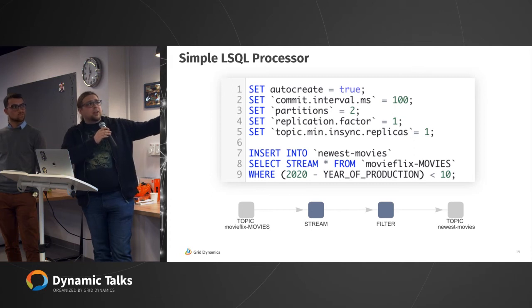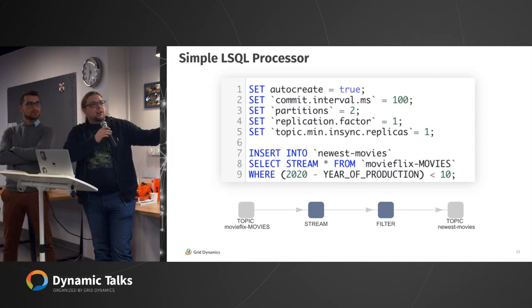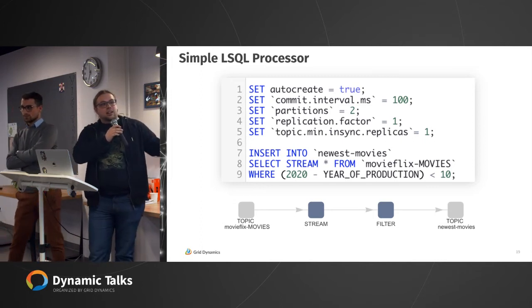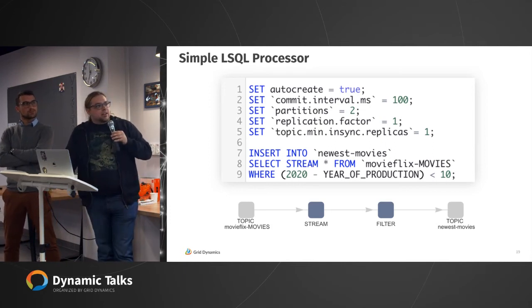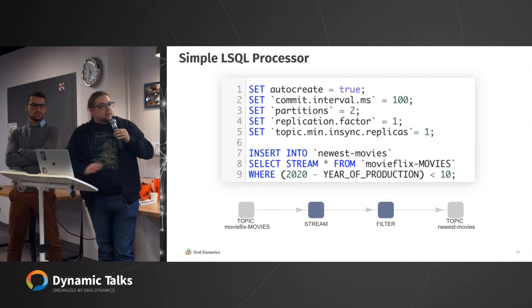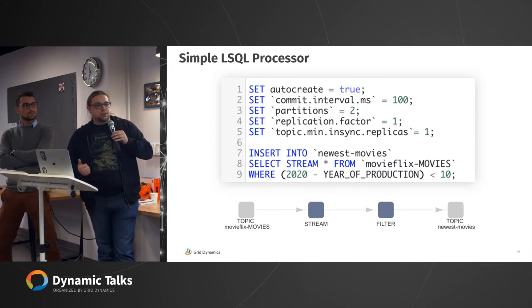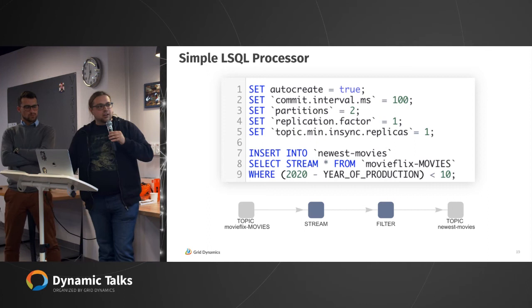And what we do here, we just tell it to insert the newest movies from the stream of movies, where they're coming from the last decade. And that's all. Very simple, pure SQL statement. And we've got the topology of the stream with 1 filtering.